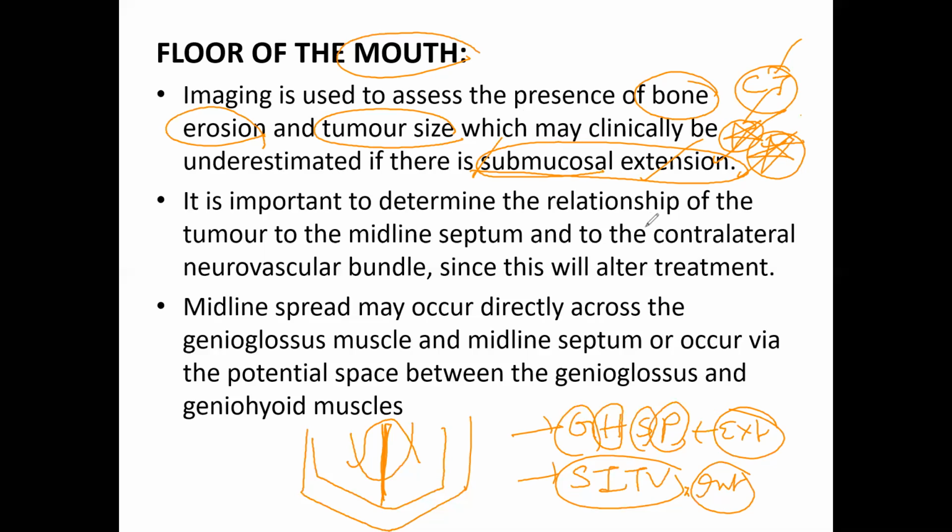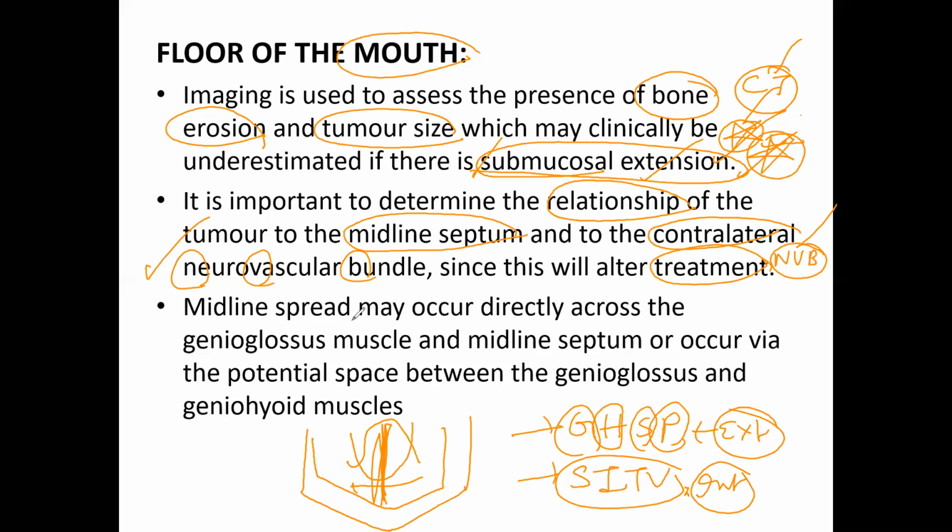So determine the relationship of the tumor. You have to know the relationship of the tumor with the midline septum to the contralateral side. If the midline septum is crossed like this, you have the contralateral neurovascular bundle, and this will alter the treatment.